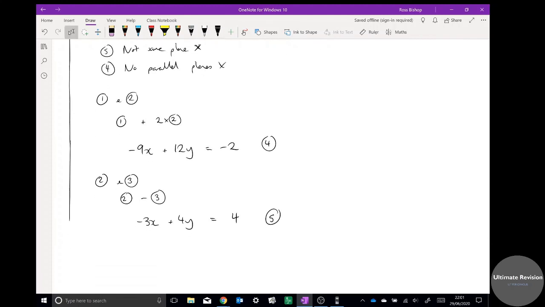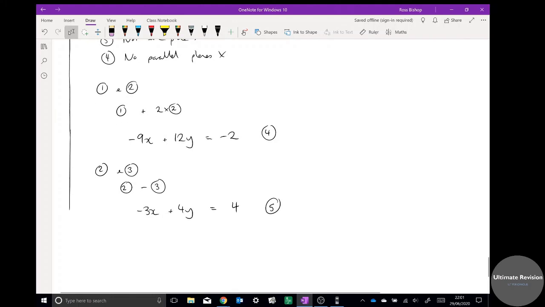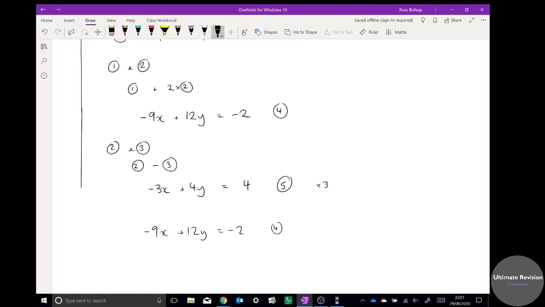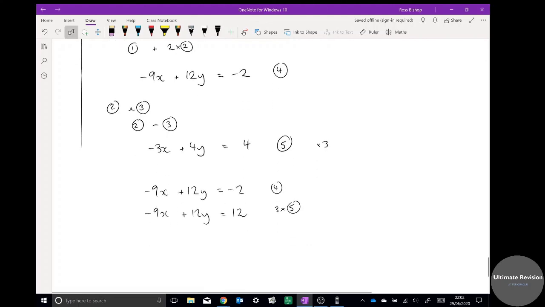Okay, now if I try and solve these 2 equations, so if I multiply the bottom one maybe by 3, so I've got equation 4 here, and then I've got 3 times equation 5 underneath. You can probably see what's going to be the problem here. If I minus the equations, I end up with 0 equaling minus 14.